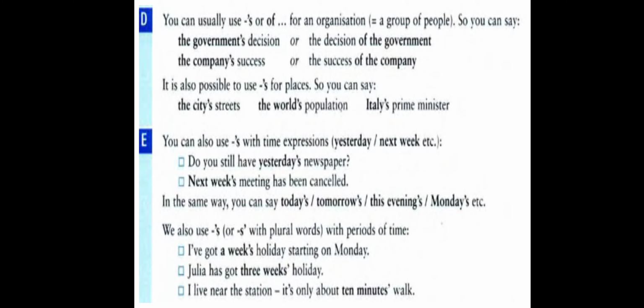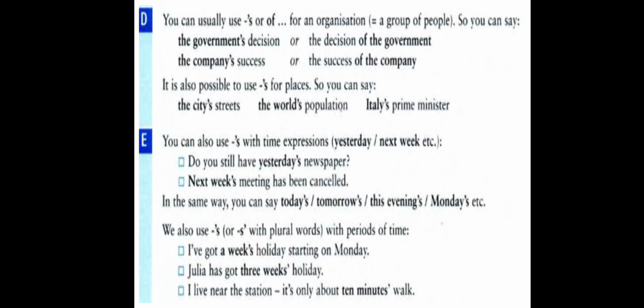You can usually use apostrophe plus s or of for organizations. Organizations means a group of people. If we speak about a group of people, then we can use either apostrophe plus s or of, both. So you can say the government's decision or the decision of the government, the company's success or the success of the company.